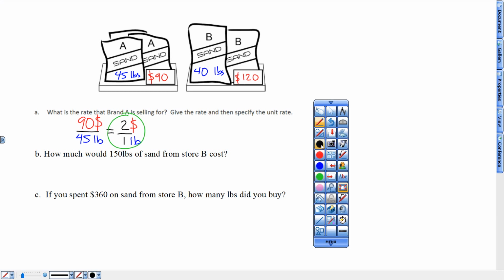If I take for B and take that money on top, 120, divided by that 40 pounds on the bottom, gives me 3. But again, don't just write 3. $3 for every 1 pound that you're buying.